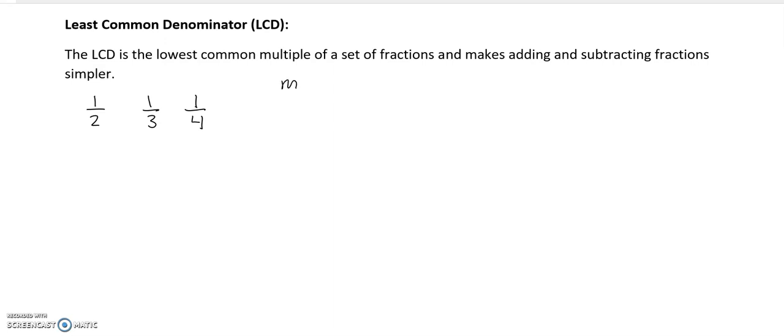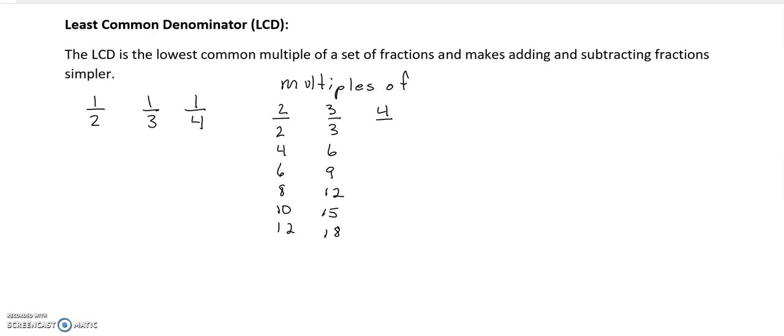So what we do is we look for the multiples of our denominators. In this case, we have 2, 3, and 4. Counting up by twos, 2, 4, 6, 8, 10, 12. Counting up by threes, I have 3, 6, 9, 12, 15, 18.